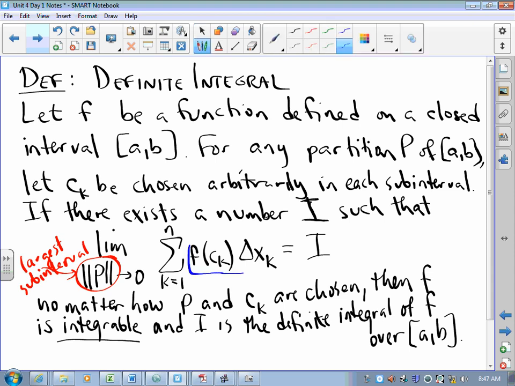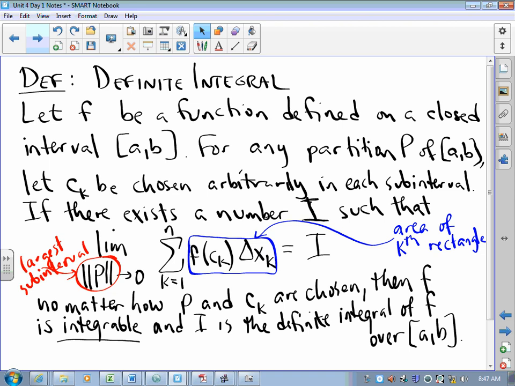Now, what is this? This is the area of the kth rectangle. Its width is a delta x, and its height is a function value. So what we're doing is we're adding up a whole slew of rectangles, and the largest one is getting thinner and thinner.